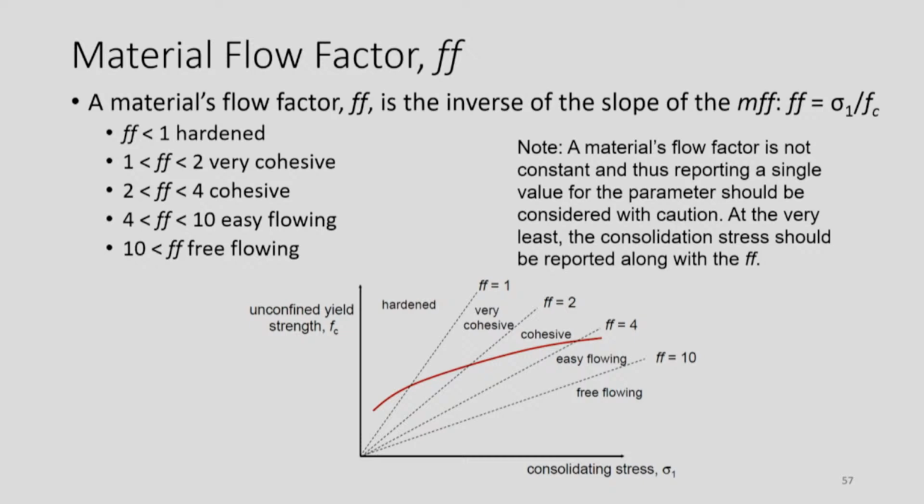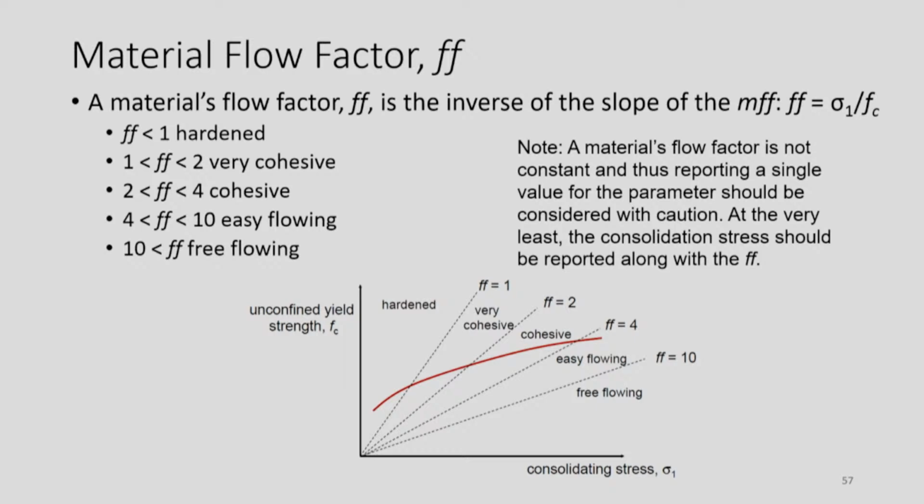How do you calculate slope? Y over x, right? So here it's the inverse of slope, that's x over y. Based on that flow factor, you can classify the powders. Usually if it's around 1, it's a very hardened powder, but if the flow factor is high, then it's free flowing.